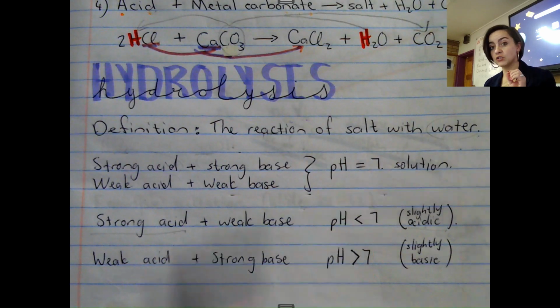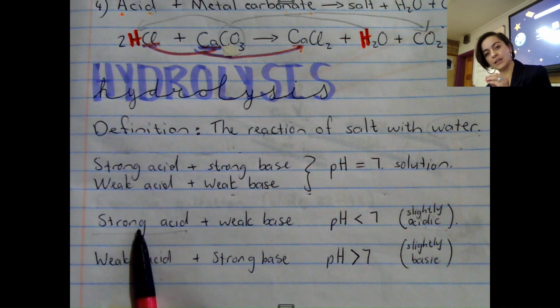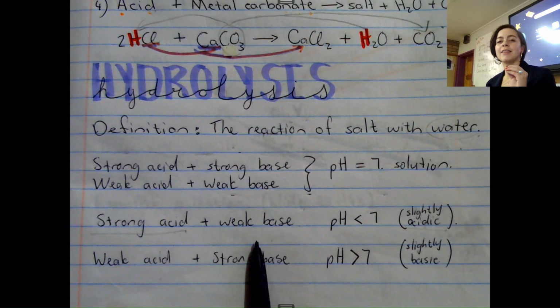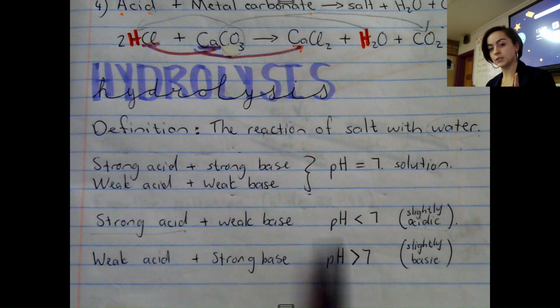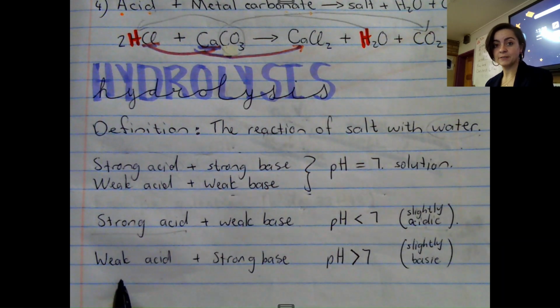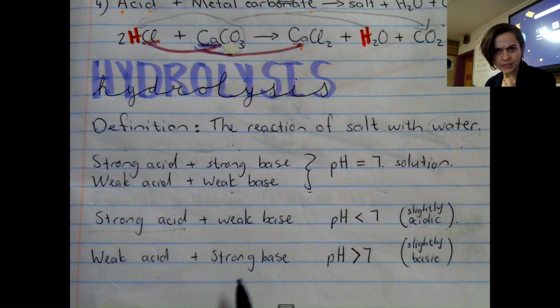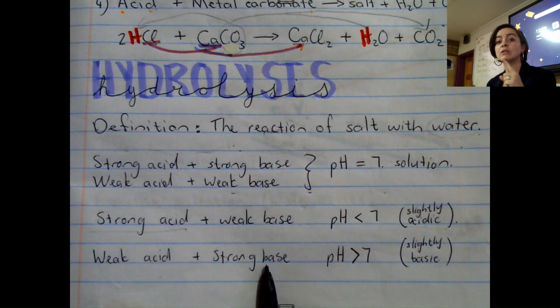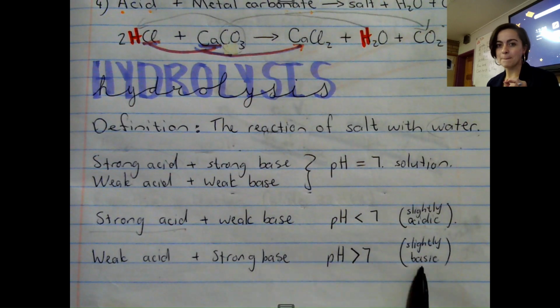But if it was a strong acid and a weak base that formed that salt, the resulting aqueous solution is going to be slightly acidic. Makes sense, because it was a strong acid. If it was a weak acid and a strong base, then the resulting aqueous solution will be slightly basic.